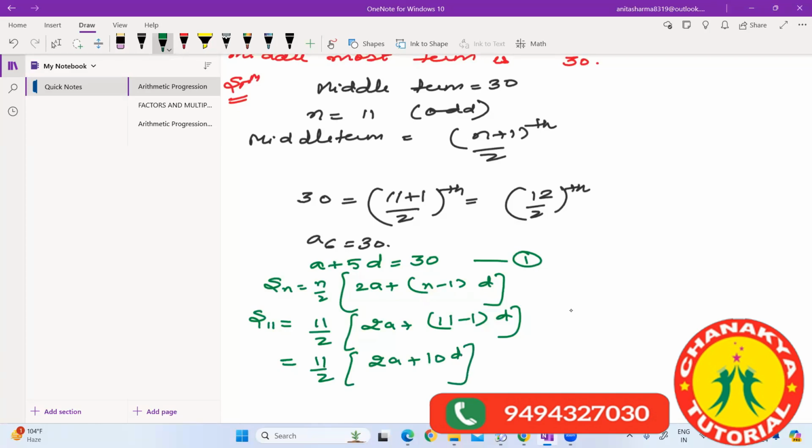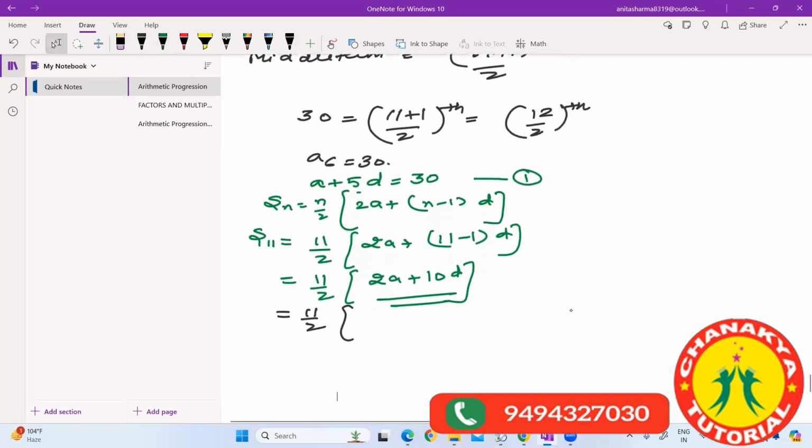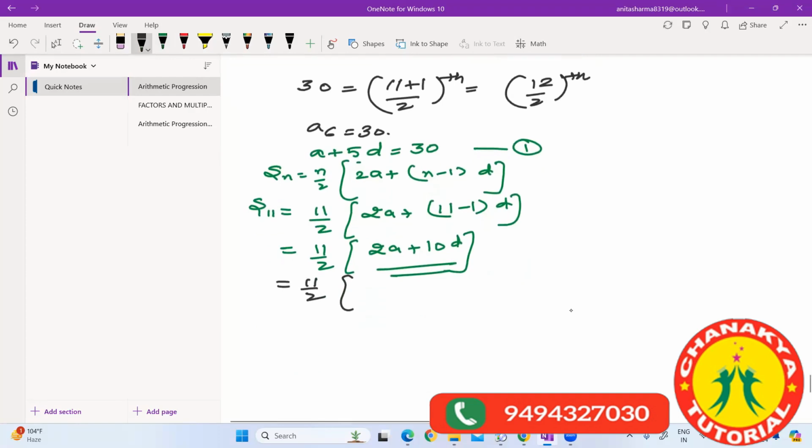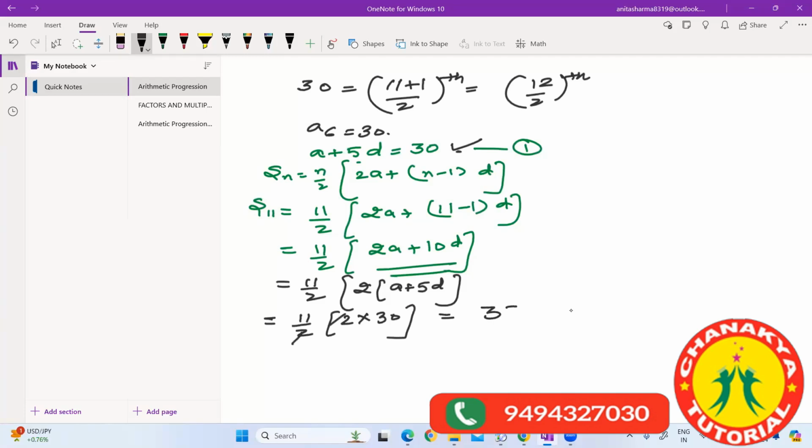If we multiply equation 1 by 2, you will get this value, 2a plus 10d. Now you can take 2 common, then a plus 5d. Now the value of a plus 5d is 30. So 11 by 2, 2 into 30. The 2 cancels. So your answer will be 330.